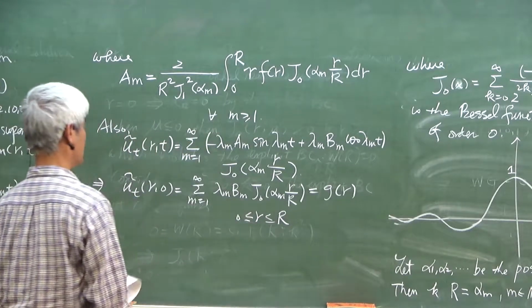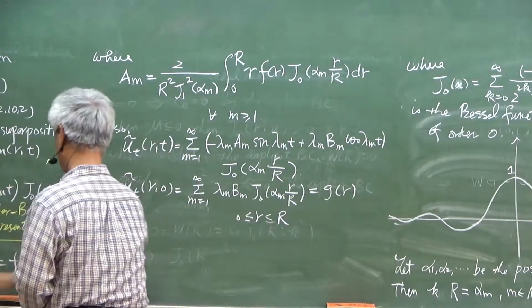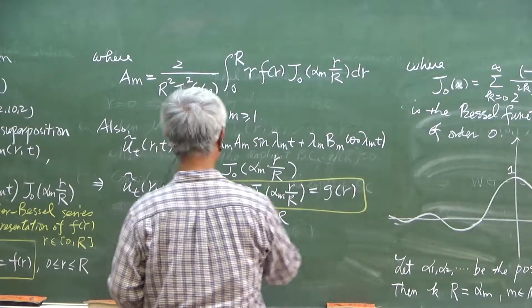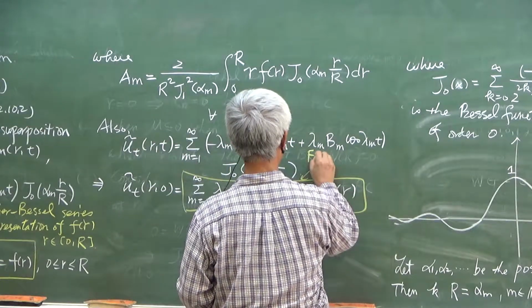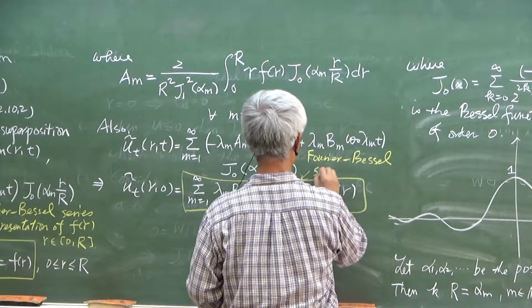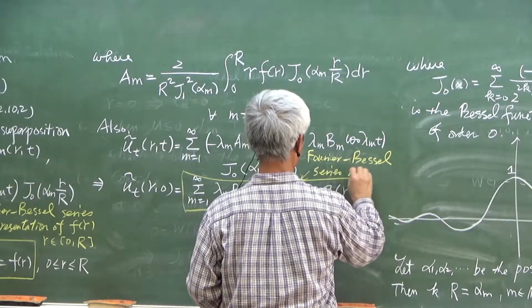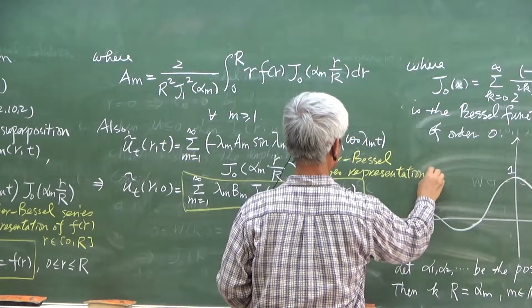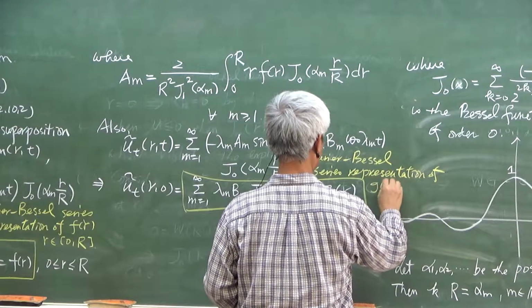Okay? And again, from here we know this is the Fourier-Bessel series representation of the initial velocity g(r).